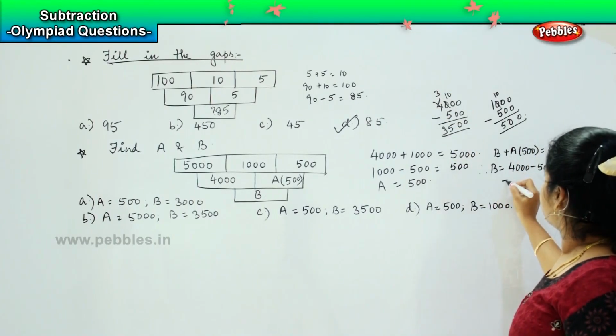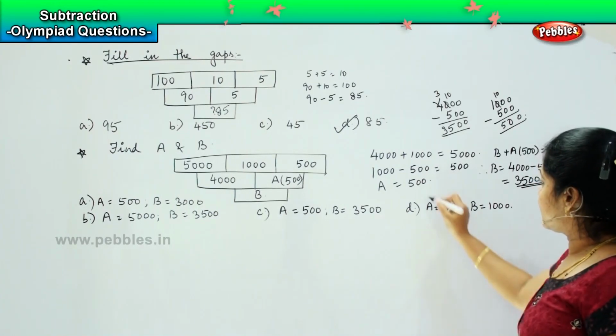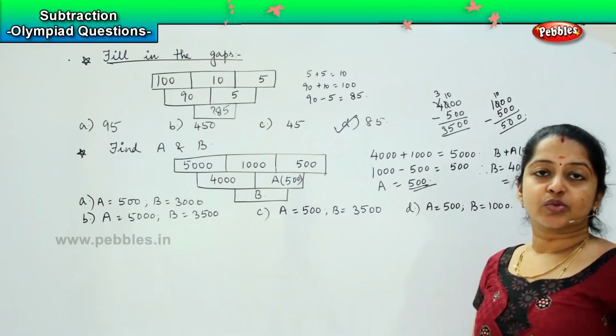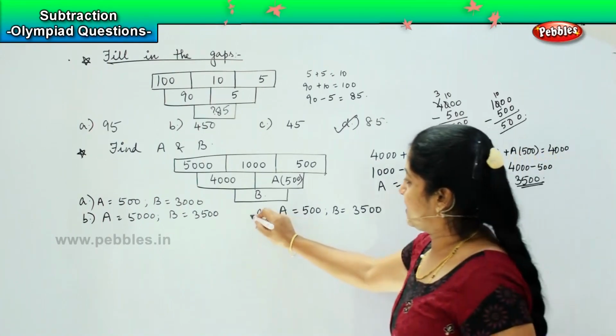So the value of B is 3,500. So the value of A is 500 and B is 3,500. Where can you see that, children? Yes, it is option C.